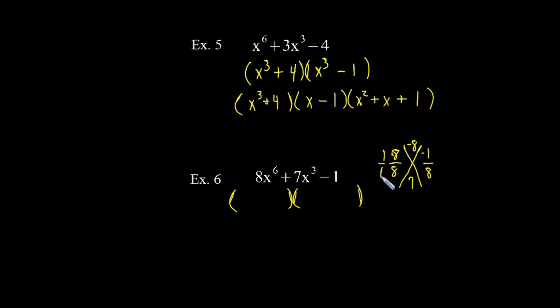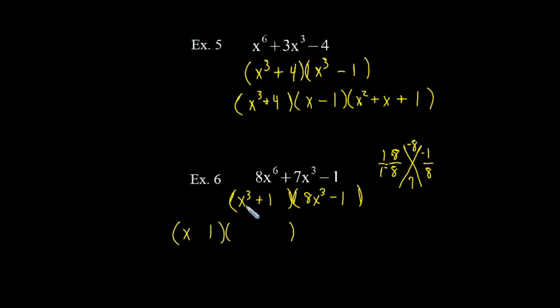This gives us 1 over 1, which gives us x cubed plus 1 and 8x cubed minus 1. So we have 2 binomials now, that one is the sum of cubes and one is the difference of cubes. So we're going to factor this first one again, x cubed and 1.